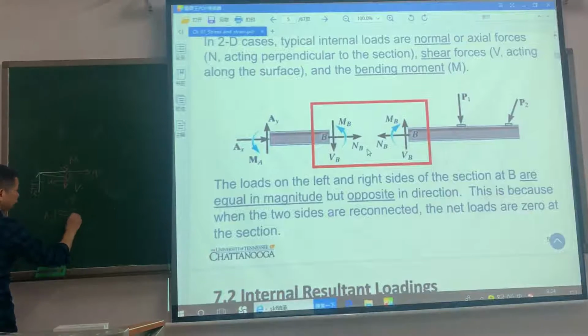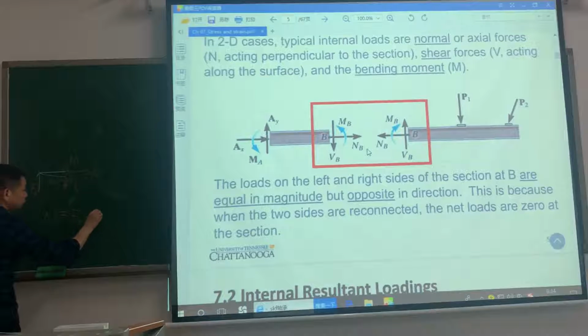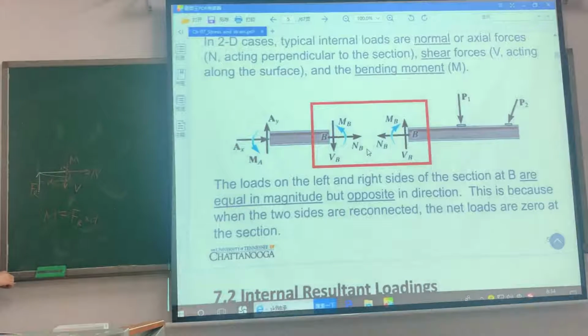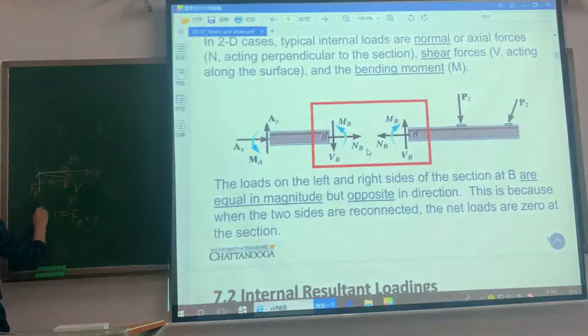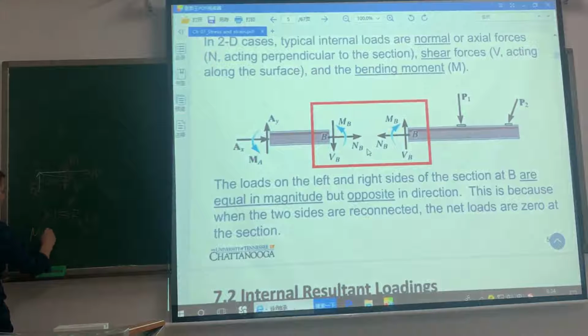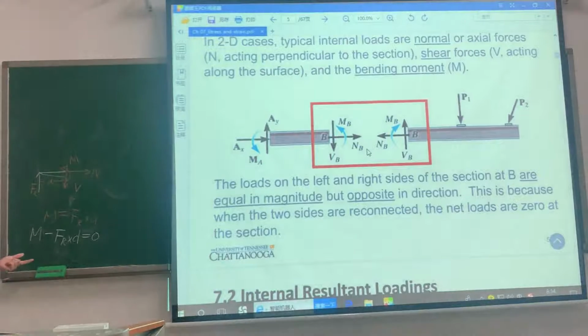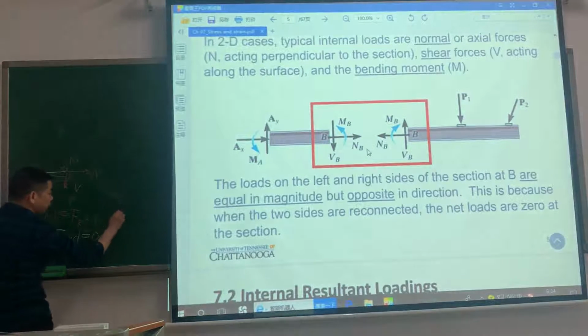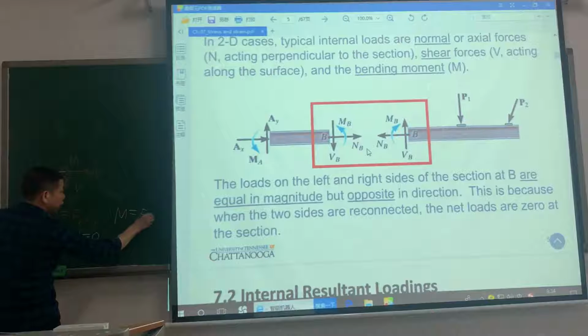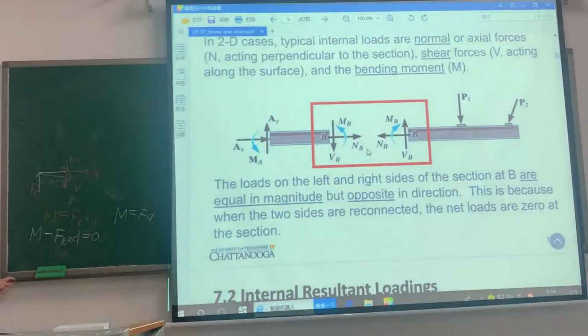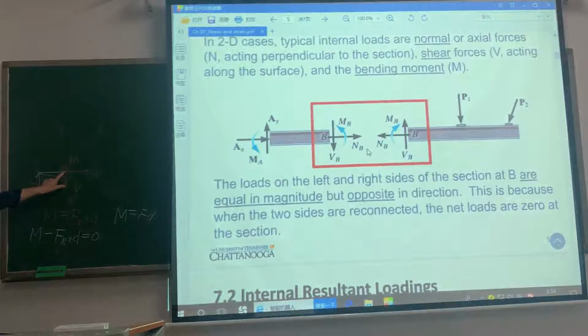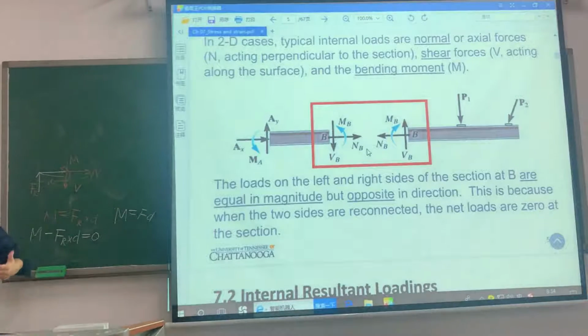M is F times d, because M minus F cross d must be 0. So we can find that M is Fd. Because there is a bending moment, the beam will bend.